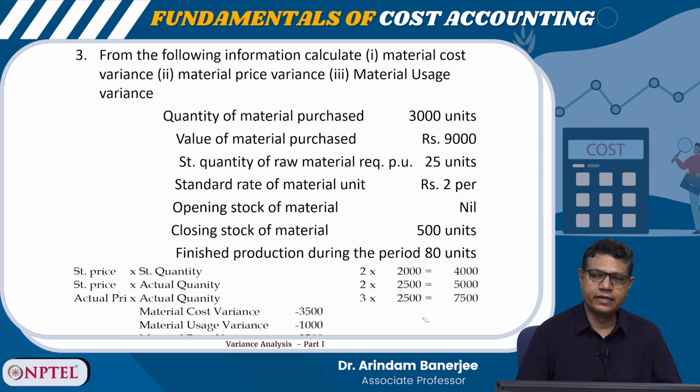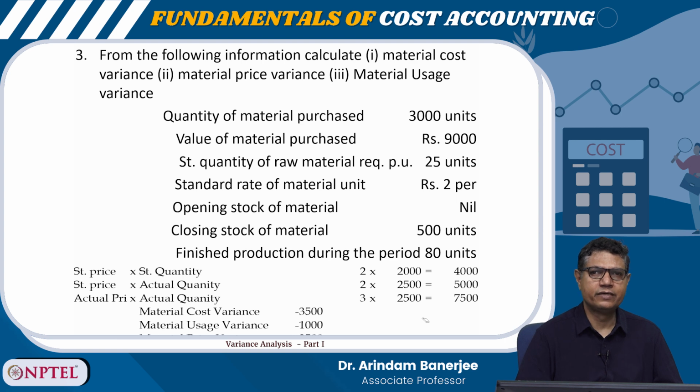Let's look at another example where the quantity of material purchased is given as 3000 units. Value of material purchased is rupees 9,000. Standard quantity of raw material required per unit is 25 units, and opening stock is 0, and closing stock of material is 500 units, and finished production is 80 units.